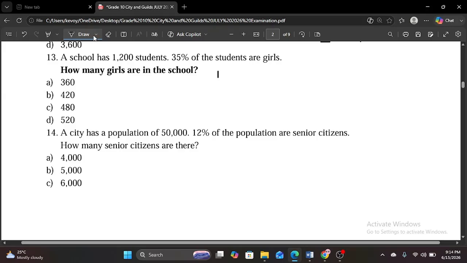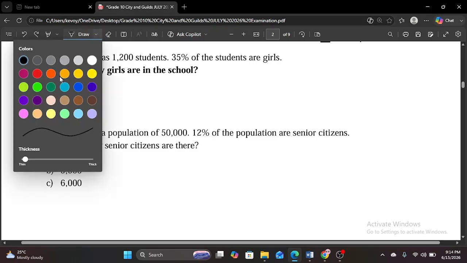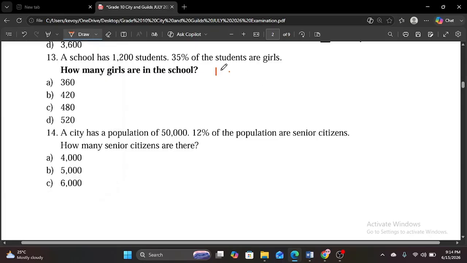So that's going to be 1,200 multiplied by 35%, which is 35 over 100.